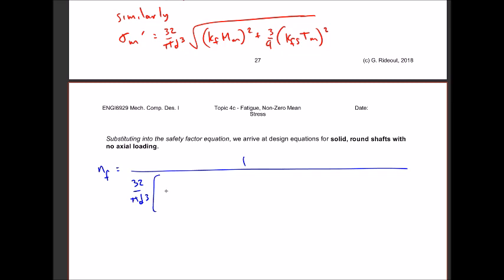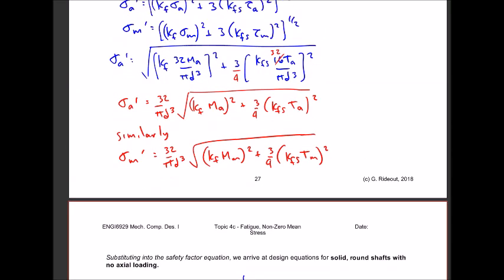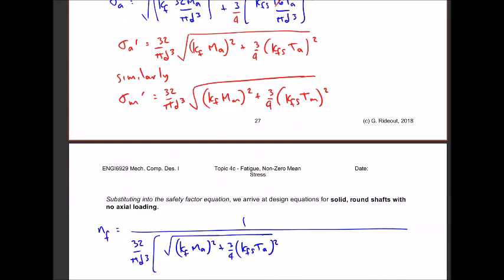Now for the alternating, I had KF times Ma all squared plus 3/4 KFS times alternating torque all squared. So that was the sigma a prime. That's got to go over SE.